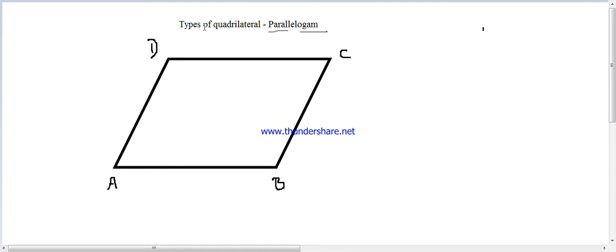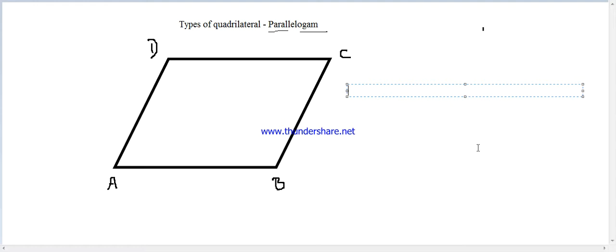There are certain criteria that need to be fulfilled in order to be a parallelogram. First, opposite sides of a parallelogram are equal. This is number one.